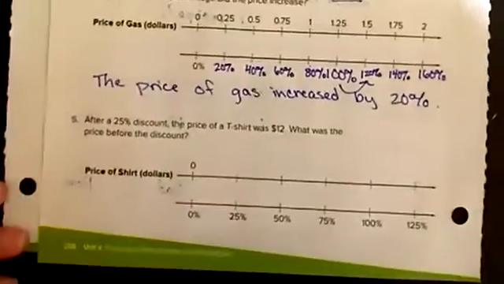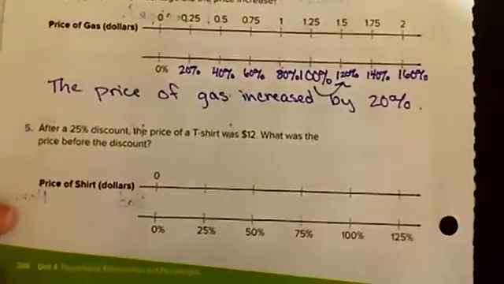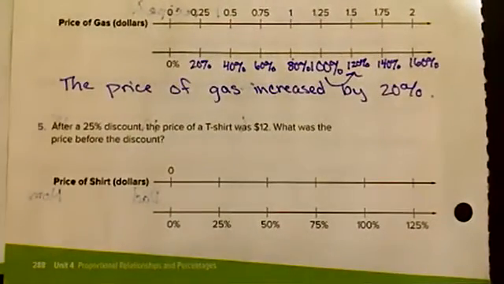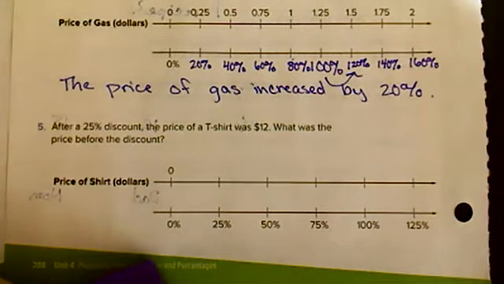All right, let's move on to number 5. After a 25% discount, the price of a t-shirt was $12. What was the price before the discount? So the price of a t-shirt after a 25% discount was $12.